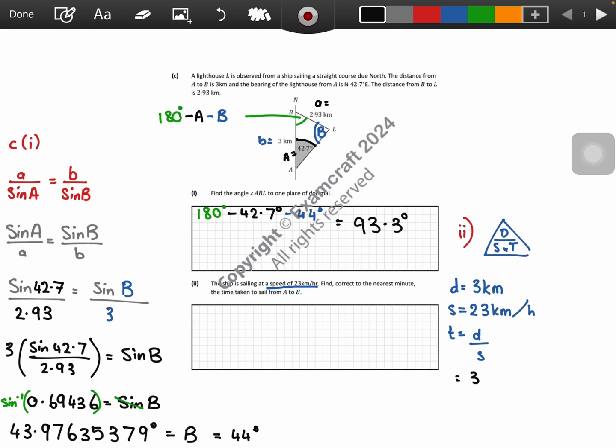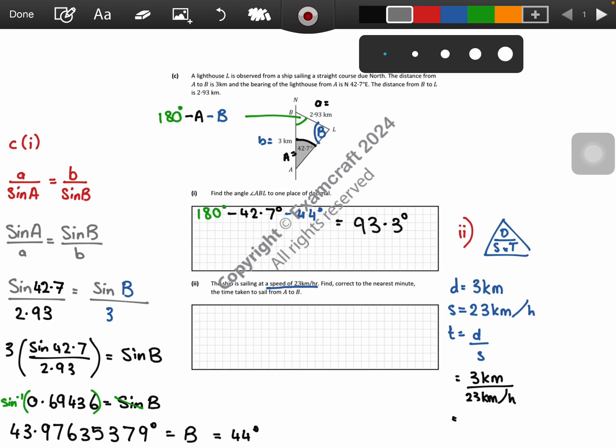So 3 kilometers over the 23 kilometers per hour. So 3 divided by 23 is some mad decimal, so it's actually easiest to just keep it as that. We're going to be left with 3 over 23 hours.